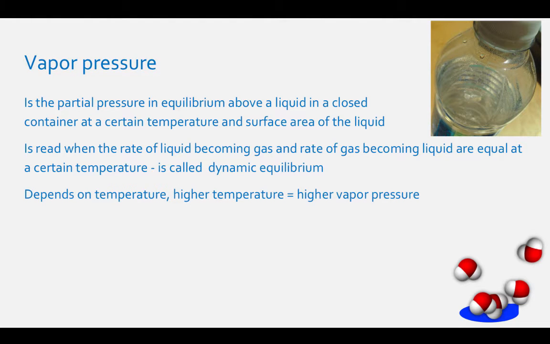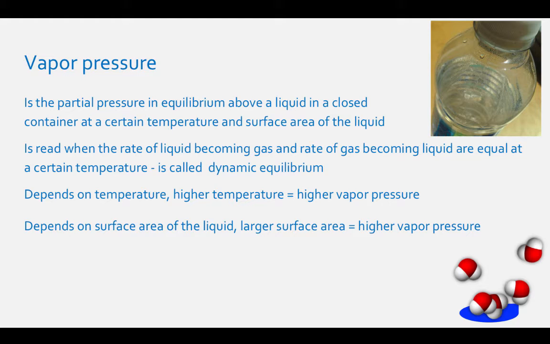Vapor pressure depends on temperature. The higher the temperature, the larger number of molecules that can escape the liquid phase and become a vapor. Therefore, higher temperature equals a higher vapor pressure. Vapor pressure also depends on the surface area of the liquid.